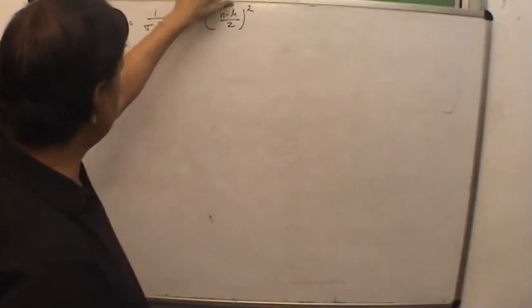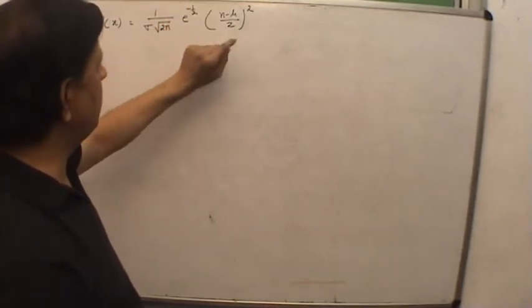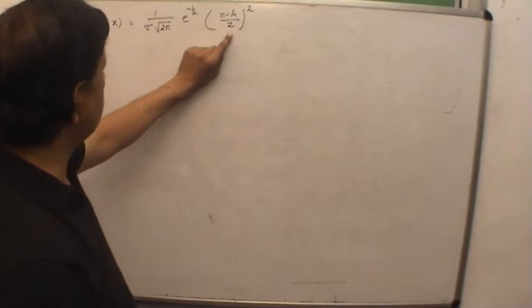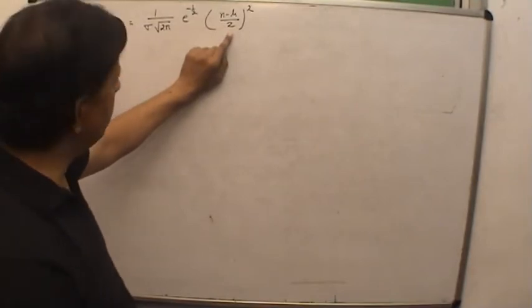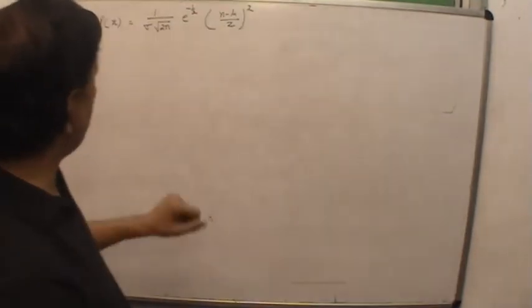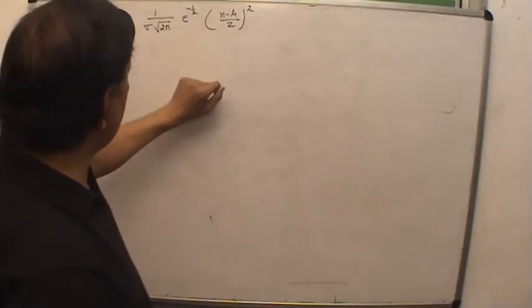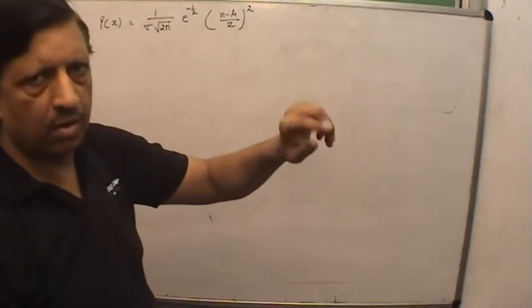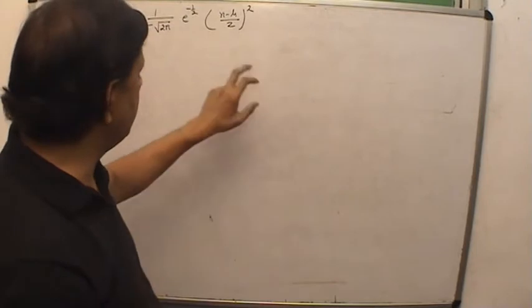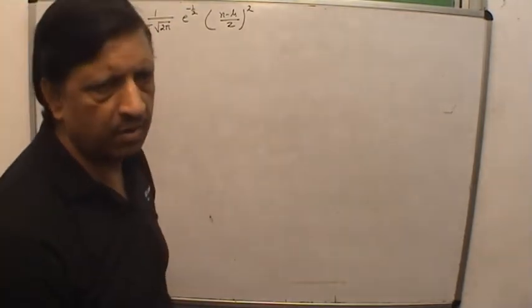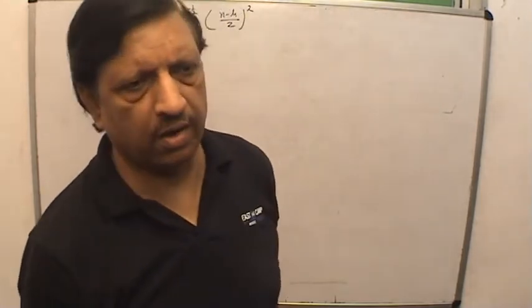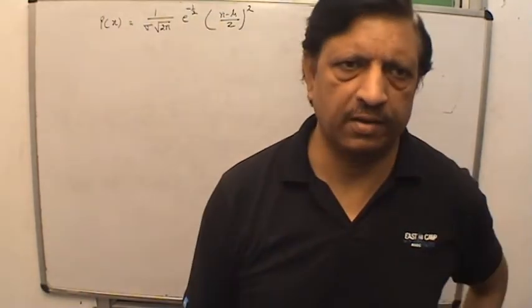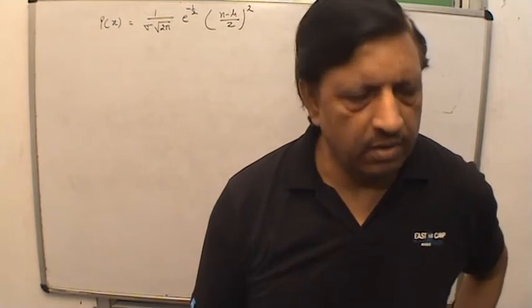Here x is the random variable, mu is the average, and z is the standard normal variable. It means in this problem we will have to convert our simple random variable into the standard normal variable, because to calculate the values of the curve we will have to check the results from the given tables.